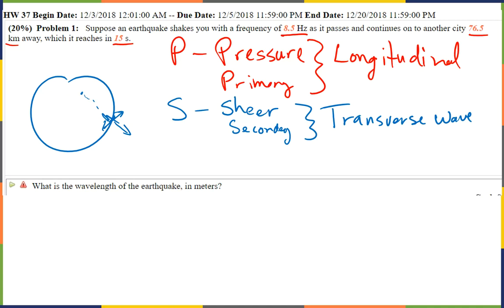Then you have waves that once they've hit the surface, they travel outward. And that's where things get interesting, because those waves that travel outward are a combination of longitudinal and transverse. And so we have waves that we call Rayleigh waves that are kind of like rollers. And we have Love waves, which I think are different kinds of surface waves with earthquakes. There's a lot that goes into earthquakes.